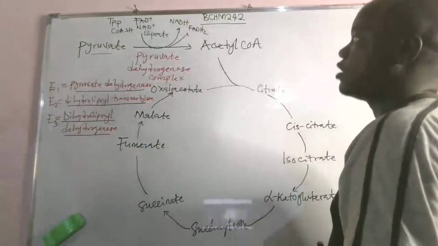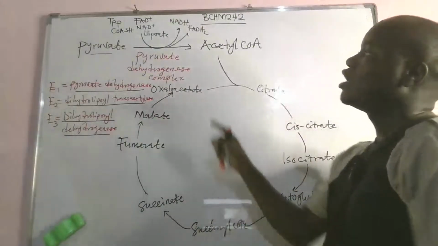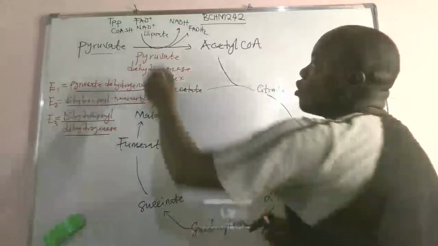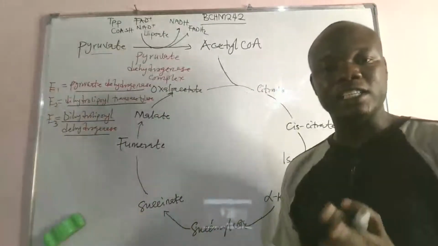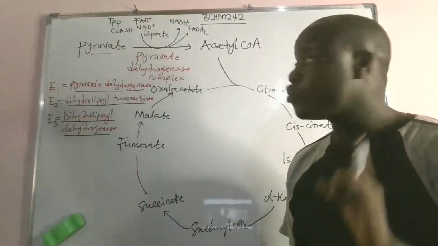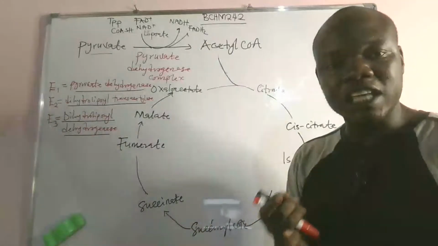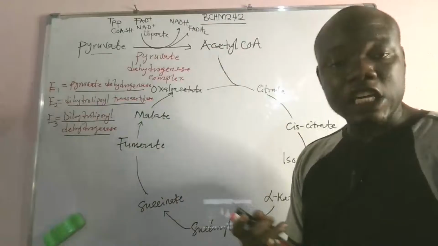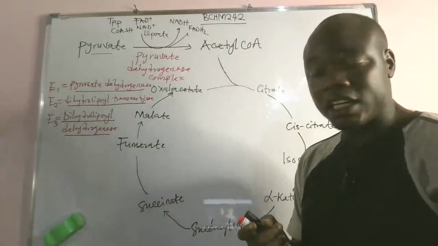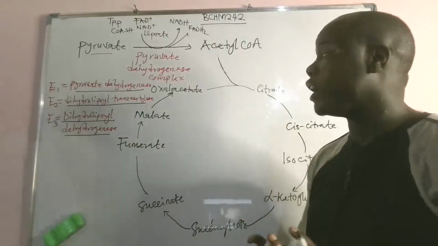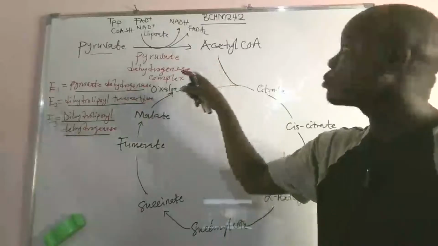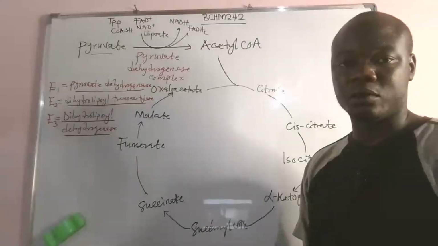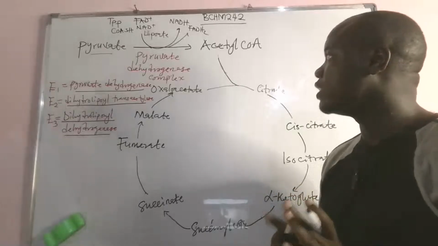Of course, this complex encompasses 5 coenzymes. Please don't forget there are 5 coenzymes: TPP, thiamine pyrophosphate, CoASH, FAD, NAD plus, and then lipoyl. So these are the 5 coenzymes that are required by this enzyme. So that is what I want you to understand.